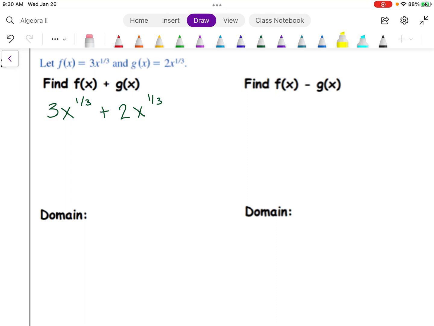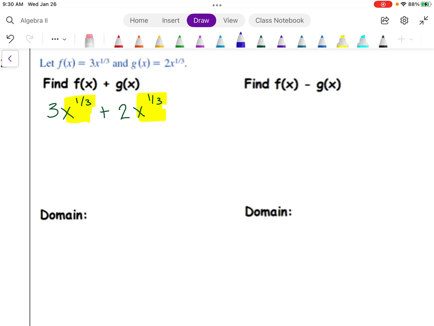So there are two steps here. Basically, we see if they have the same base, same exponent, same radical, and if they do, we can combine them. If we don't, we simplify and then try to combine them. So looking at these two terms, I see that for my variable, they both have x to the 1/3 power, which means they're like terms.